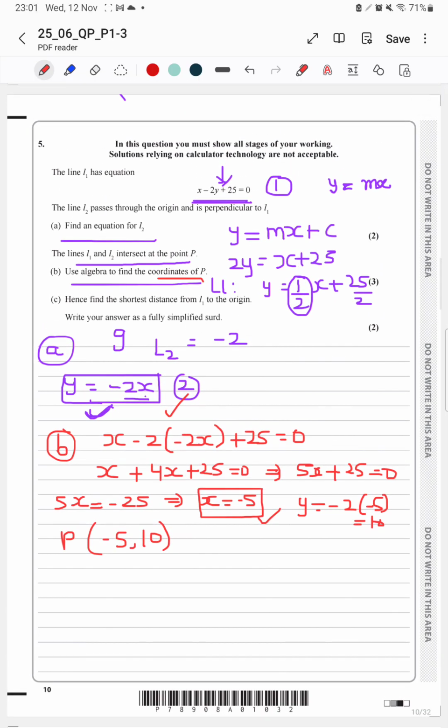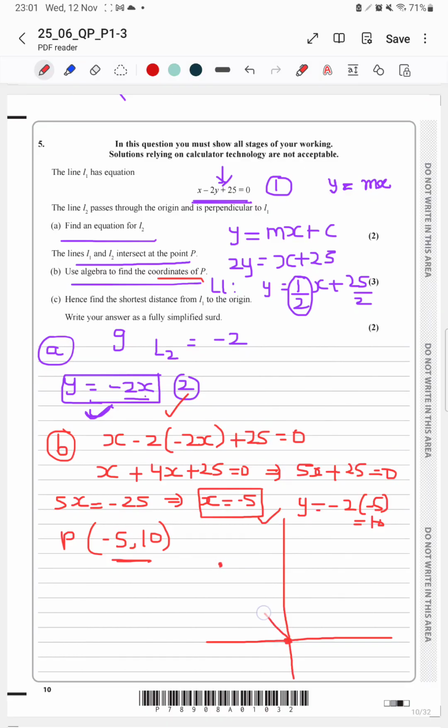Now this is a very important part. We have to find the shortest distance. Now what is the meaning of shortest distance over here? We have a situation like this. Both lines are passing through negative 5, 10, and the line L2 is passing through the origin also. So this is the origin, and negative 5, 10, let's say that point is somewhere here.